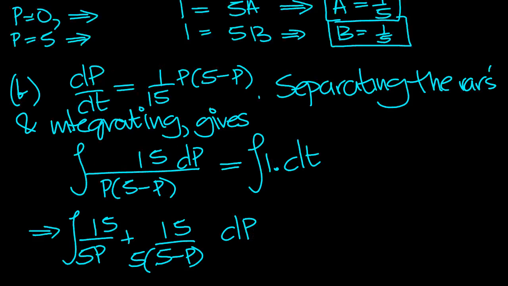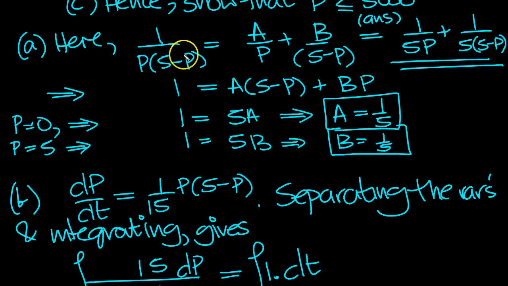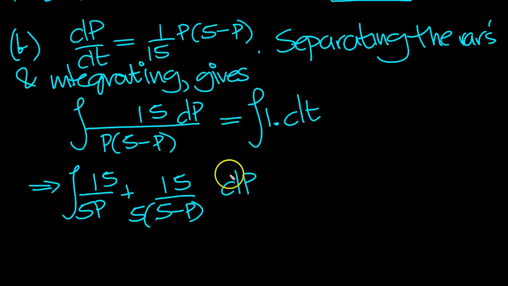Remember, let's just remind ourselves what that partial fraction was. 1 over this was 1 over 5p and 1 over 5 times this. So I've put them both in, but it's 15 times both of them. Okay, well 15 over 5 is 3, isn't it? So we can do that straight away. So this equals 3 over p, which is 3 ln p.